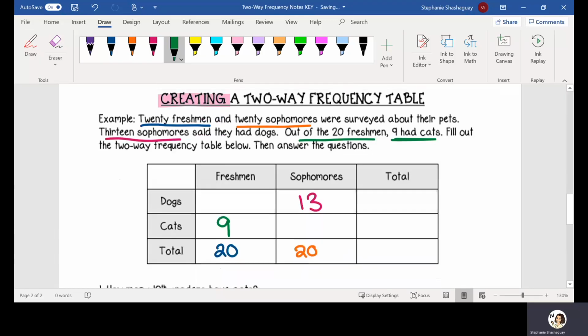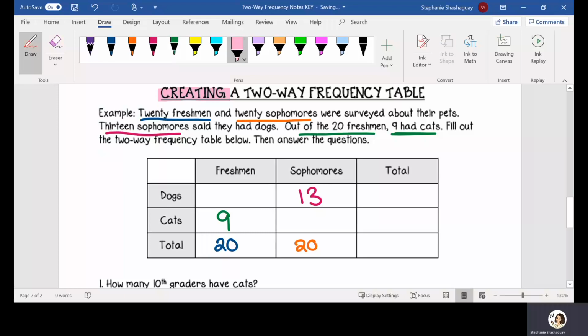Now we have to fill out the two-way frequency table and then answer the questions. So they didn't give us all the information, but based on what we know, we can definitely figure out the empty boxes.